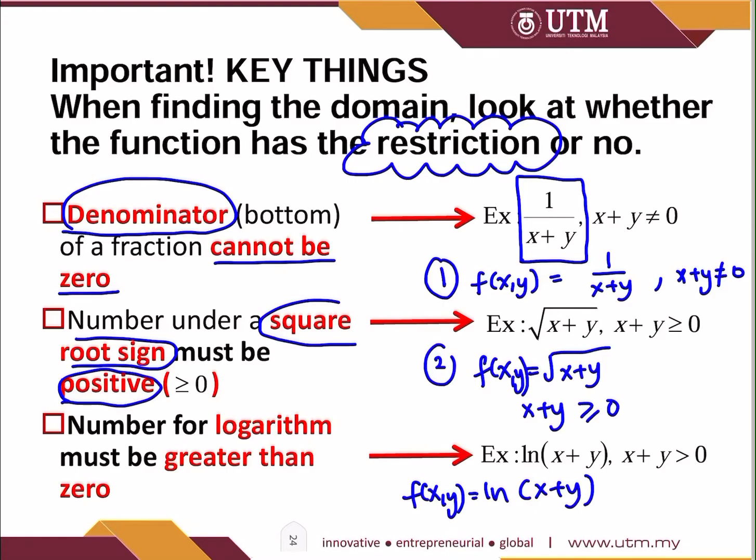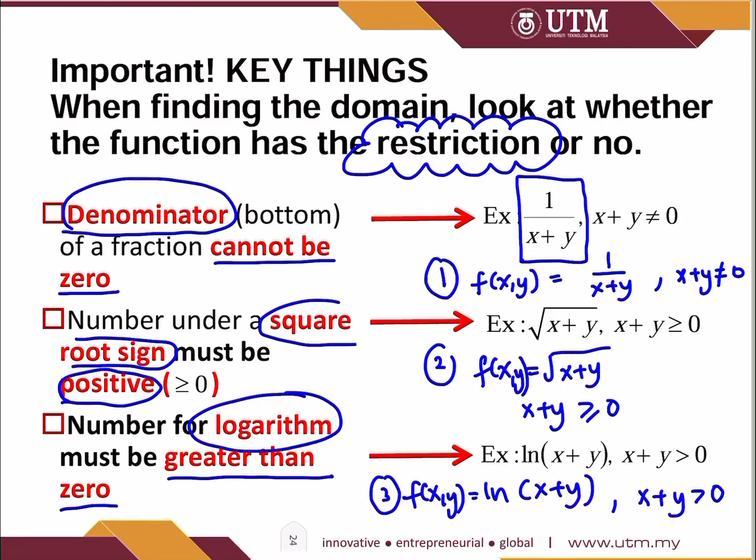So for f(x, y) here we have ln(x + y). For the log function, we know that it must be greater than 0, because ln cannot take the value 0. Therefore, the domain will be x + y greater than 0.